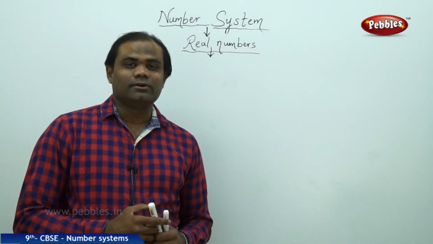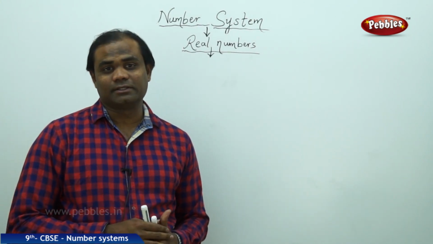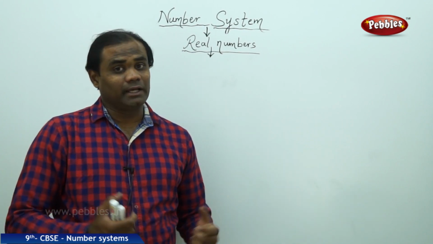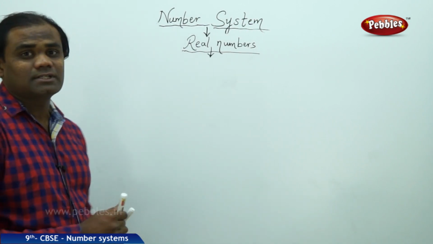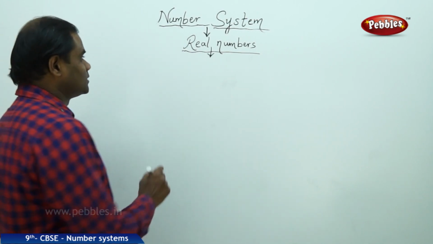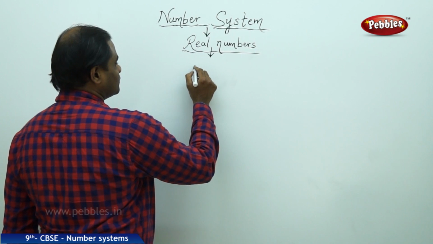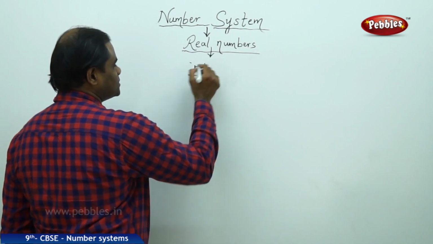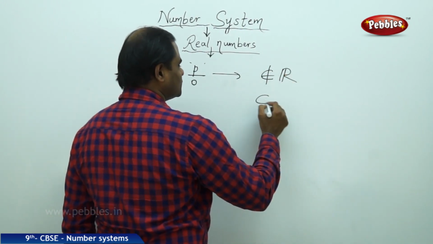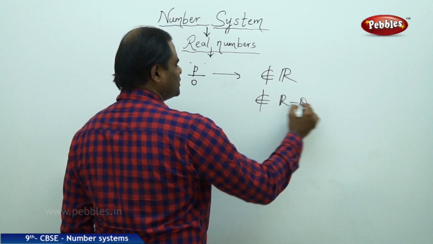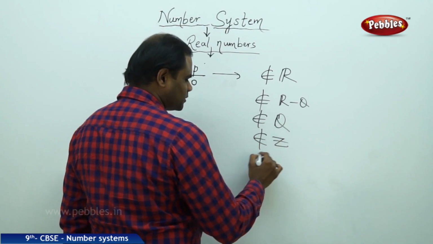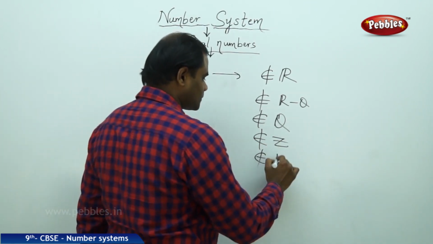Now let's see the relation of 0 in the denominator connected with R, Q, R minus Q, Z, W and N. As we have discussed in each of the examples, we have identified a very important note: any number where the denominator is 0 can never be a real number, can never be an irrational number, can never be a rational number, can never be an integer, and can never be a whole number.